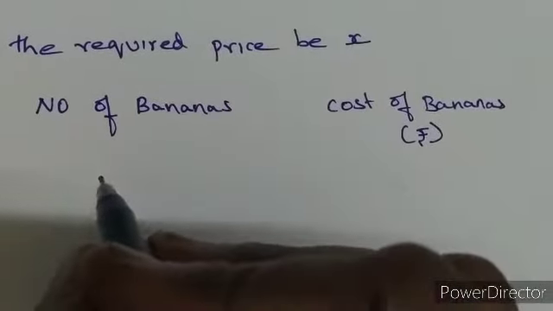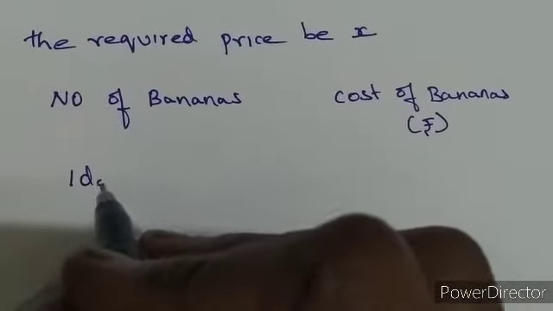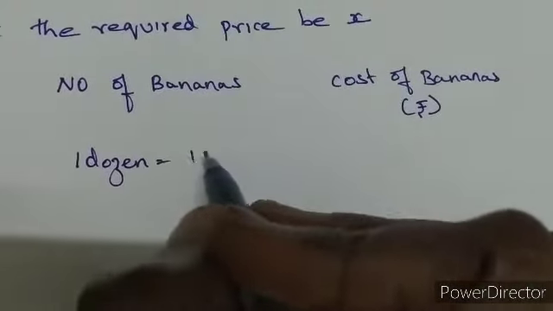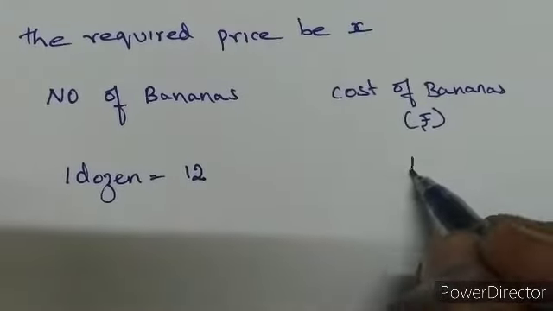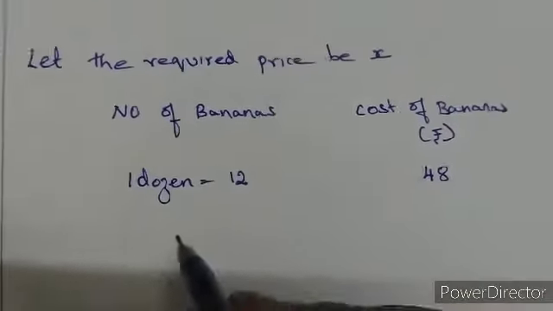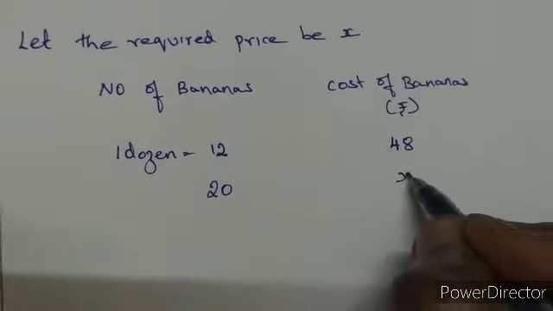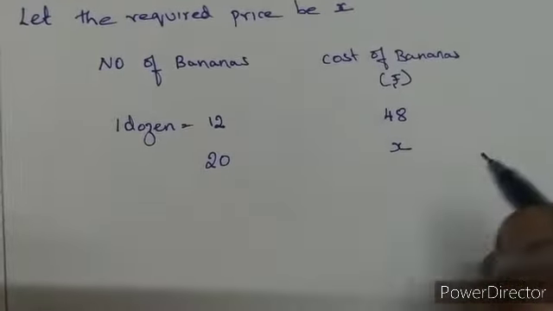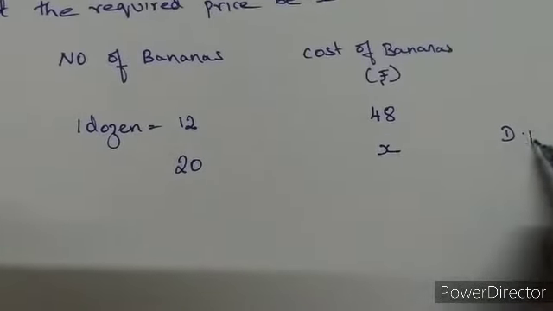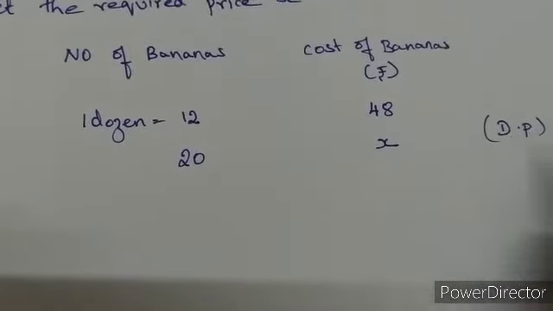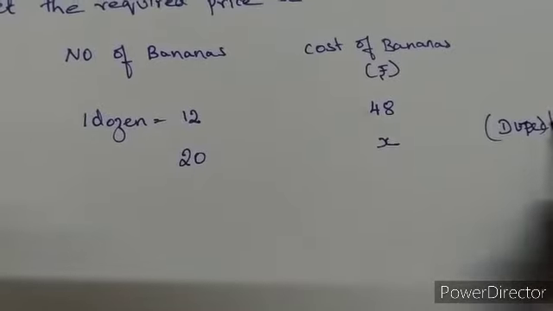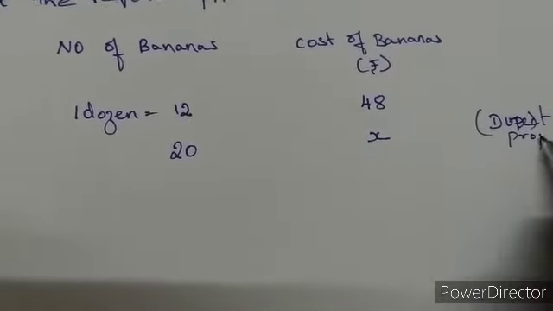And now for 1 dozen, that is 12 bananas, cost is ₹48. What is the cost of 20 bananas? Now here it is a direct proportion. You can write here direct proportion.